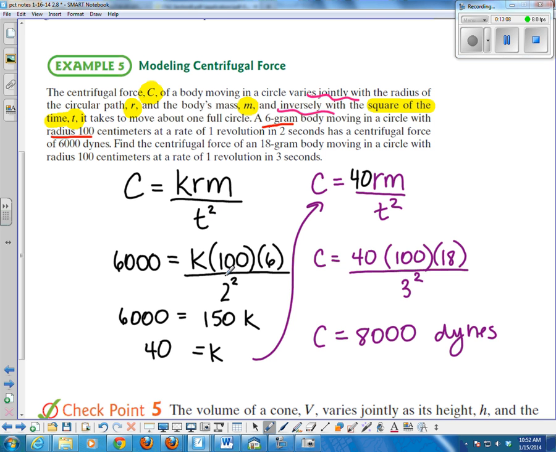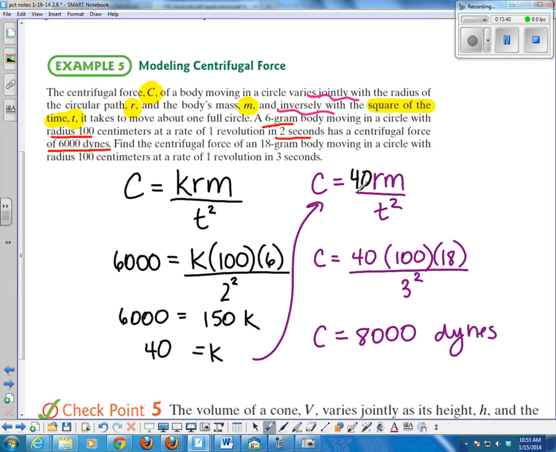Okay, so that's time is 2, that goes here, 2 seconds, and it's t squared, so 2 squared. Has a centrifugal force of 6,000 dynes. So the 6,000 is the C, the force. Okay, go ahead and multiply then 100 times 6, divide that by 4, and you get 150. Divide both sides here by 150, and you get K equals 40. So the constant of proportionality is 40.